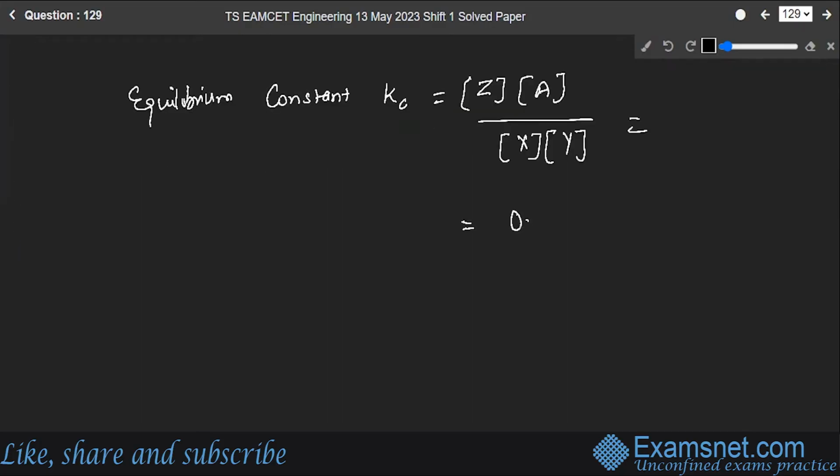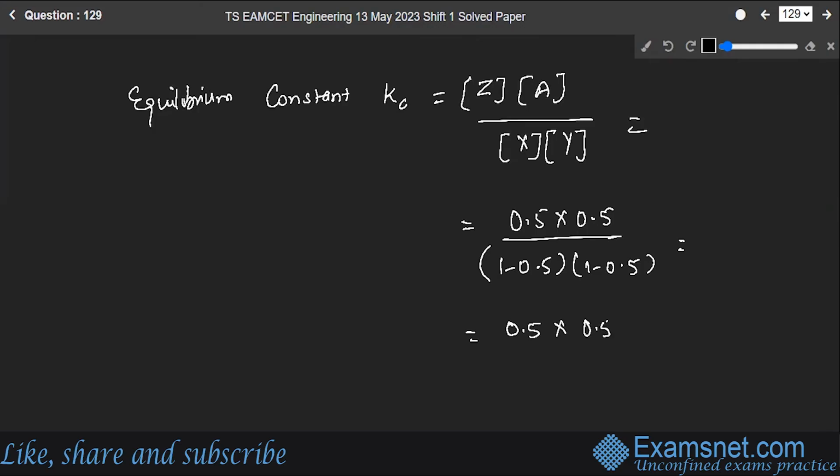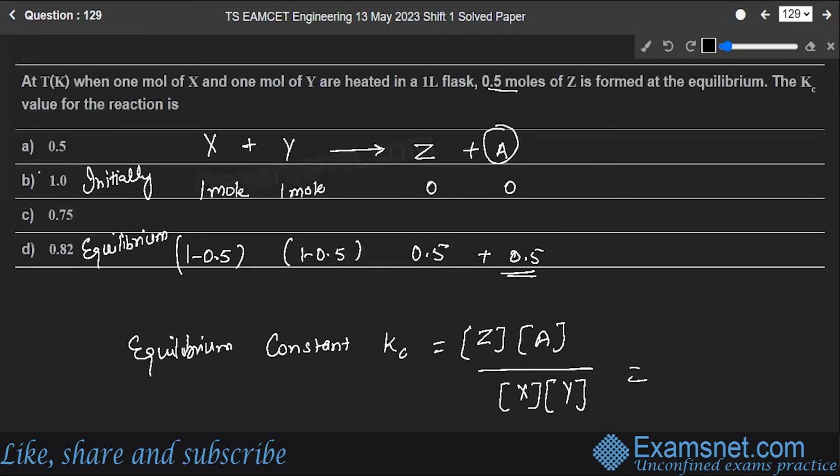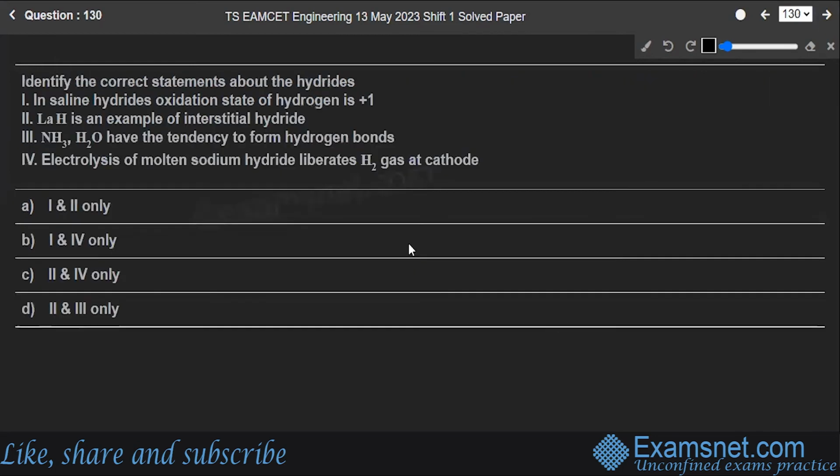This is equal to 0.5 into 0.5 divided by 0.5 into 0.5, which is equal to 1. So the answer to the question, the equilibrium constant, is 1. Option B is the correct answer. Hope you understood that. Next is the 130 question.